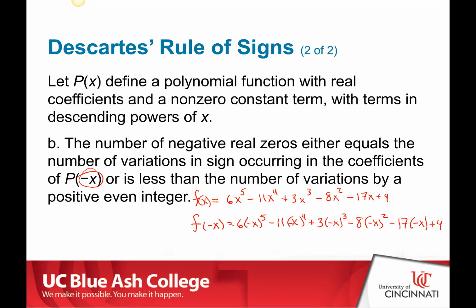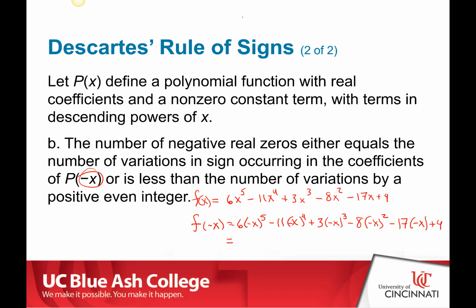Okay, we've got that. Now, let's figure out what that really equals. And the thing to realize here is if negative x is raised to an odd power, will you get a negative x or a positive x back?